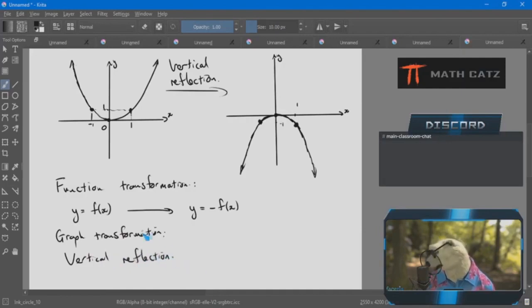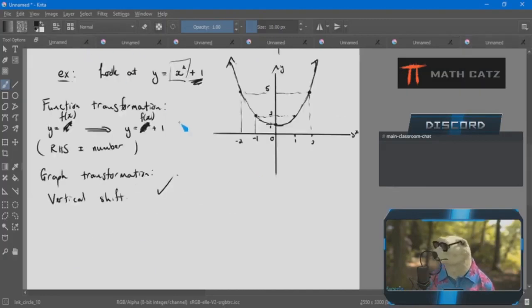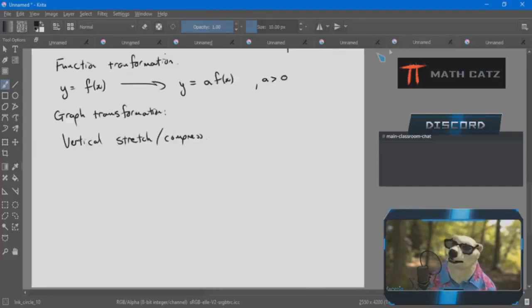Now, the reason I call it a vertical reflection and not a reflection in the x-axis, though you are welcome to, is this. If I look back, we have a lot of tabs open here. Very first one: when I changed the right-hand side by adding or subtracting a number to it, it was a vertical shift. When I took the right-hand side of the function and multiplied it by a positive number, it was a vertical stretch or compression.